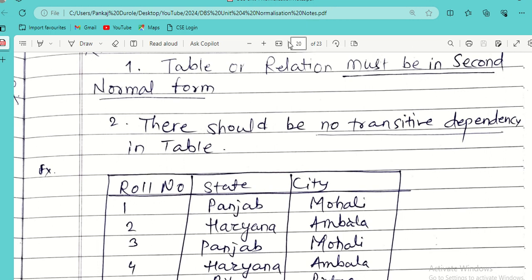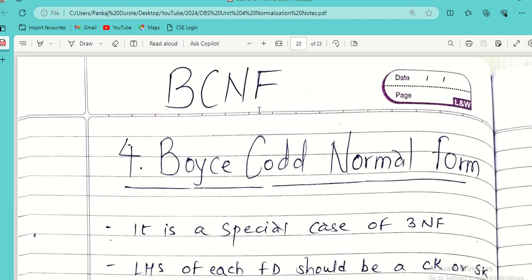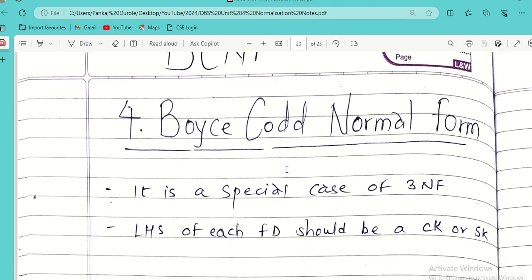Now we will talk about the BCNF. Whenever we are talking about Boyce-Codd normal form, it is a special case of third normal form. So when we are going for BCNF, that table should be in 3NF, 2NF and 1NF. In 1NF multi-value data should not be there.